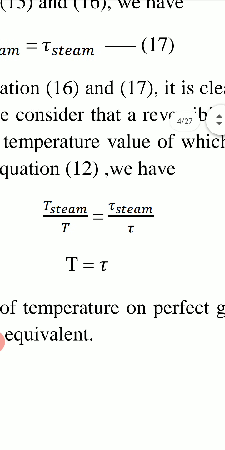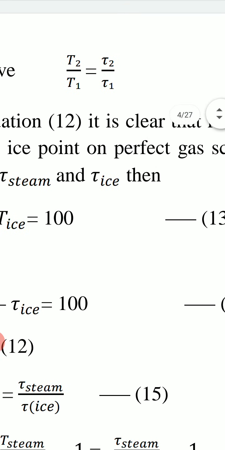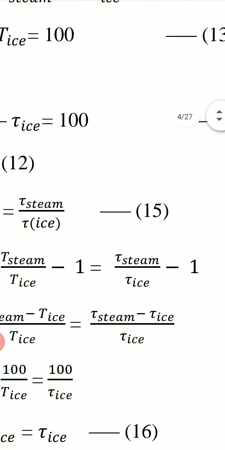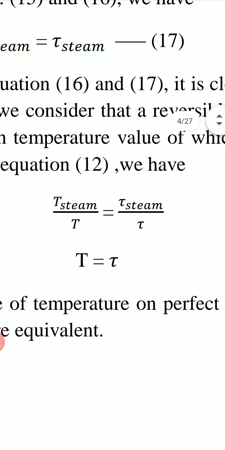Then we can write T steam upon T equal to tau steam upon tau, from the relation T2 upon T1 equal to tau 2 upon tau 1. As T steam is equal to tau steam, it cancels out and we have T equal to tau.